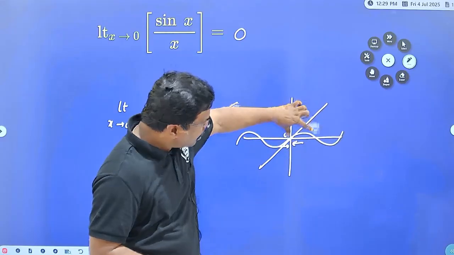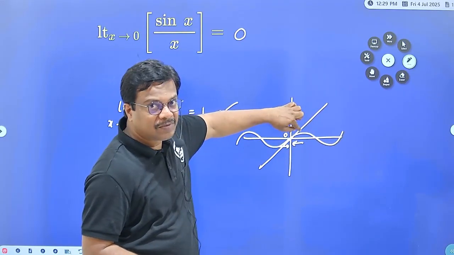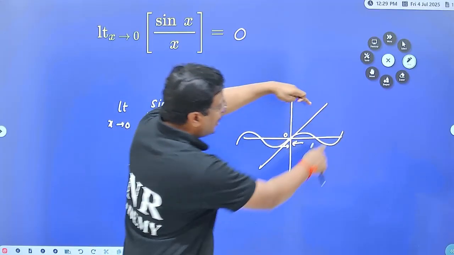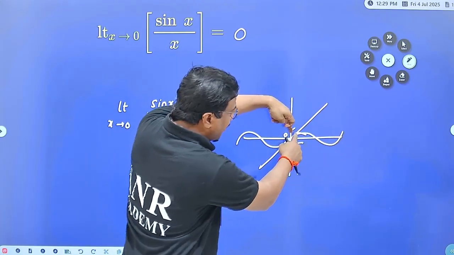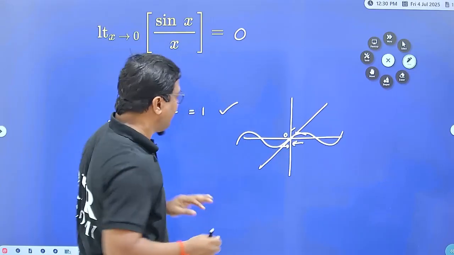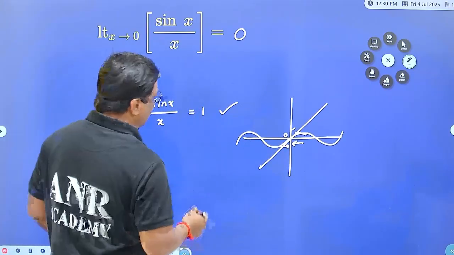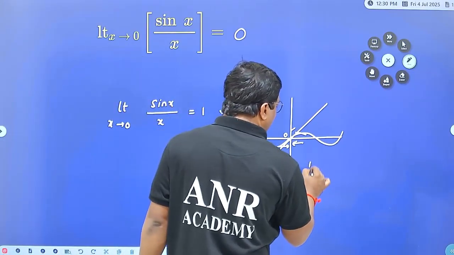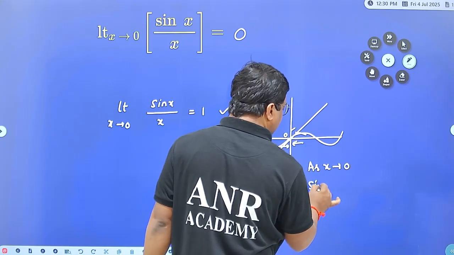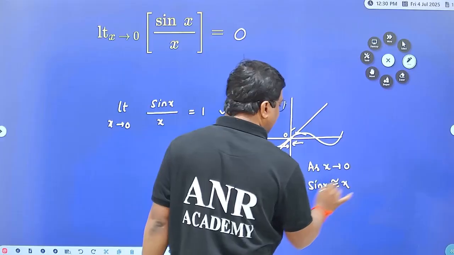But when it approaches 0 from the right side or the left side, both approach the same quantity. So I can say that as x extends to 0, sin x is approximately x.